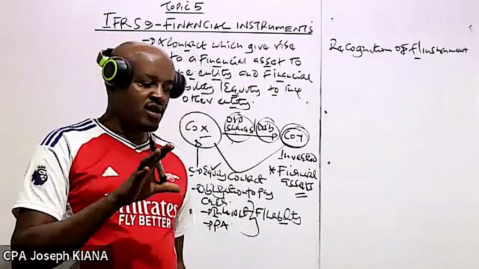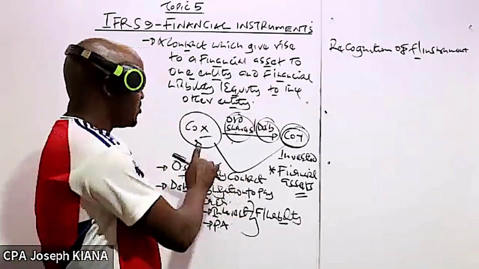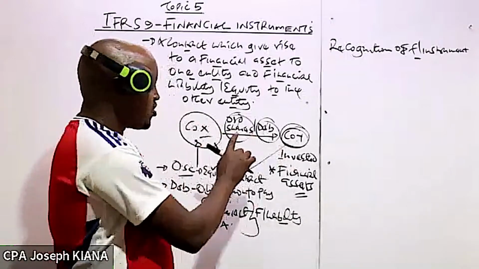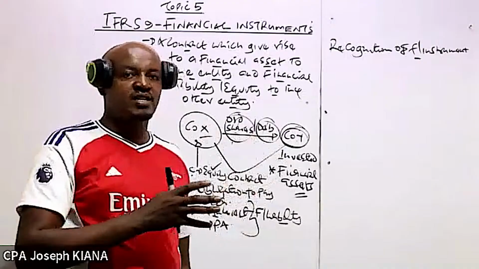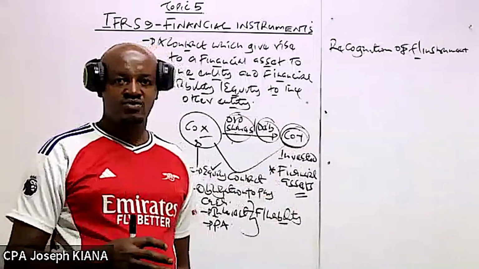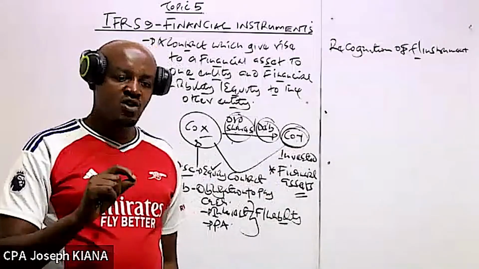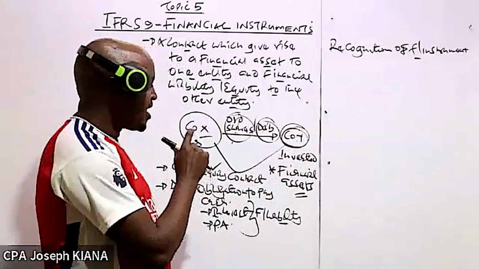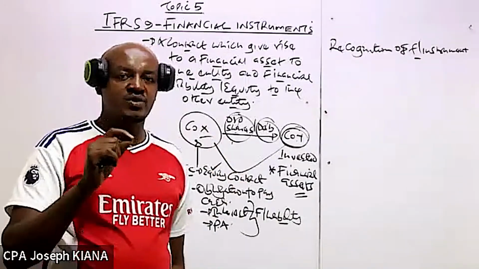So a question arises here: when should these two companies recognize these particular shares or debentures which have been issued, or which this company has invested in, in its books of accounts? According to IFRS 9, financial instruments should be recognized when an entity becomes a party to this contract.